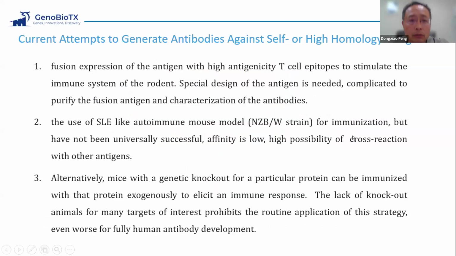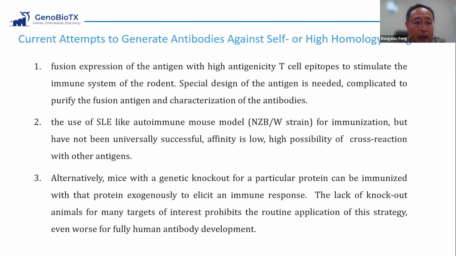Right now, to overcome those hurdles, people have tried different methods to generate antibodies against self or high-homology antigens. Firstly, you may make a fusion protein with the antigen you want to use and a highly antigenic T cell epitope, so you can stimulate the immune system of the rodent. But for this method, you have to design the antigen very carefully, and the purification and characterization of the antibody is really complicated.